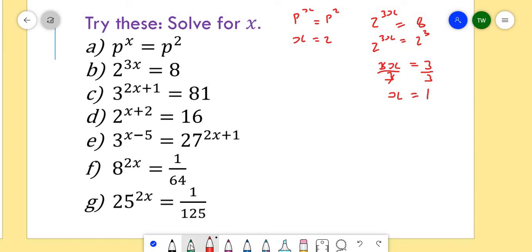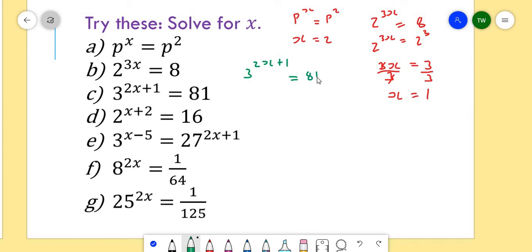Now, let's look at our third example. The third example that we have is 3 raised to the power of 2x plus 1, and this is equal to 81.